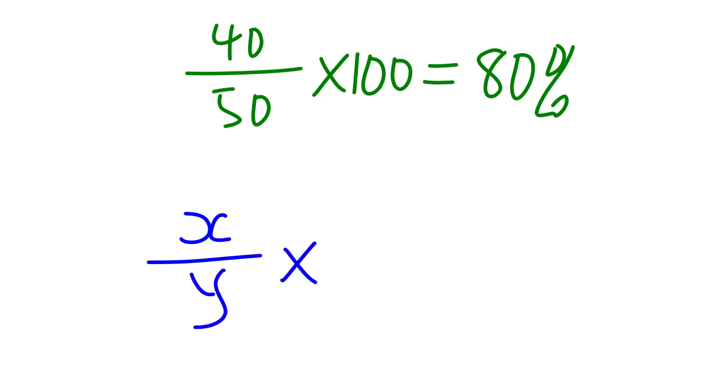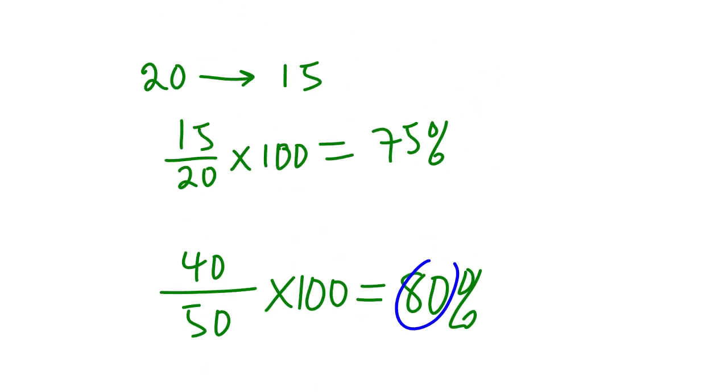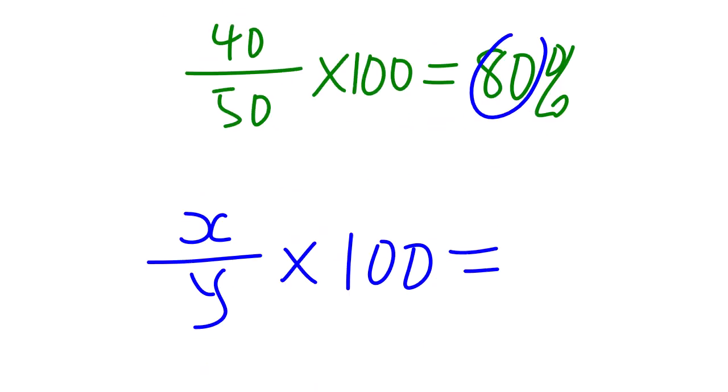Then the multiplication by 100 is always there, it is a constant. If you are calculating percentage, you always include that 100. Then it is equal to this 80, which is a variable, because here it is 80 but in the other example it is 75, so it's always variable.